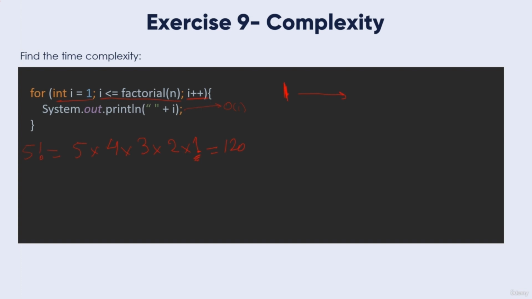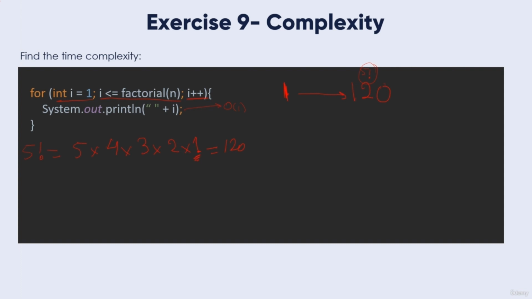For example, if we took n equal to 5, we are going to go through this loop from 1 till 120, which is 5 factorial. Now i++ tells us that we are going to iterate through all the elements of this loop, and we are going to execute this statement around 120 times.